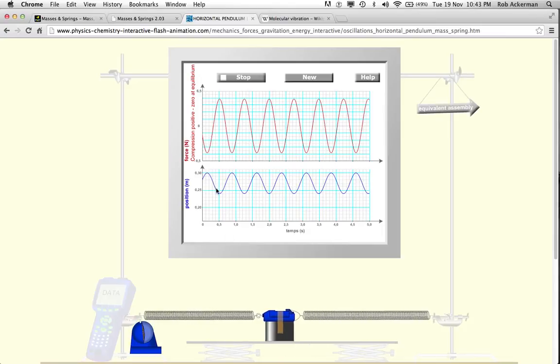When the position goes close to the motion sensor, the force points one direction. When the position goes far from the motion sensor, the force goes in the opposite direction. So the force is oscillating opposite phase to the motion. You can stop this and investigate the graph, or you can go play with it on your own, but that's a good example of what's going on.